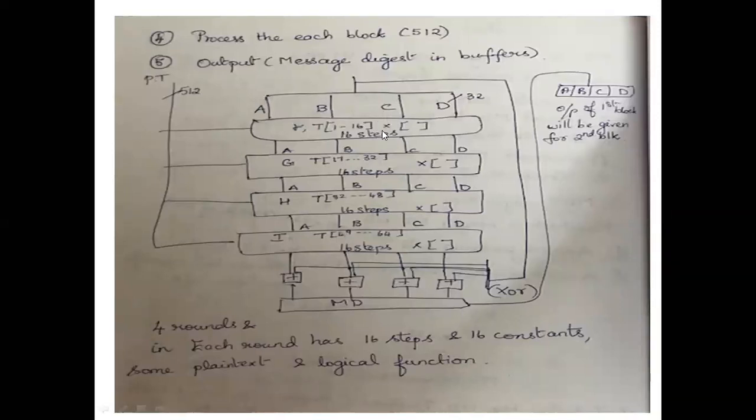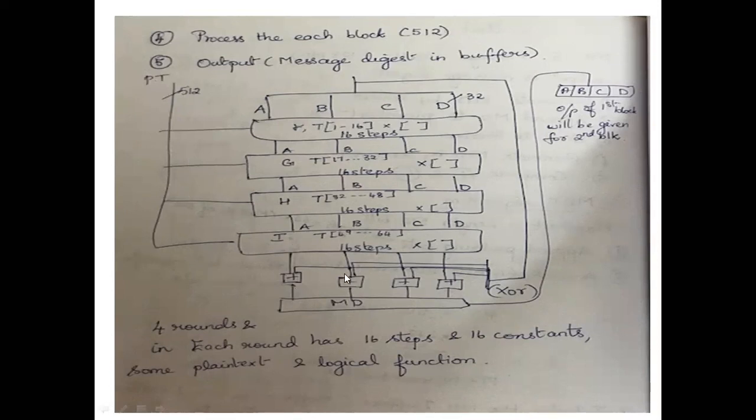There is a value called X in every round, which is some portion of the plain text taken in each round. F, G, H, I are logical functions. The plain text, which is 512 bits, is also given to each round.